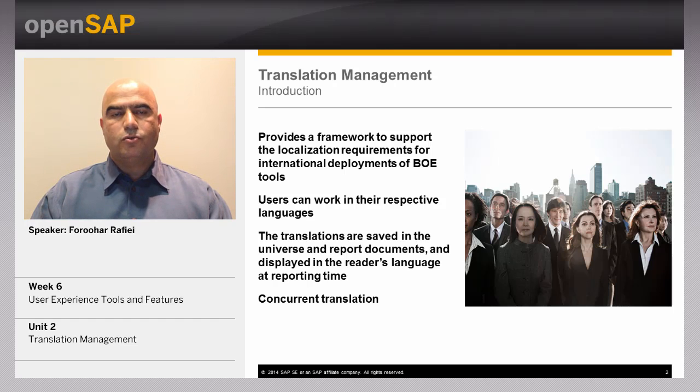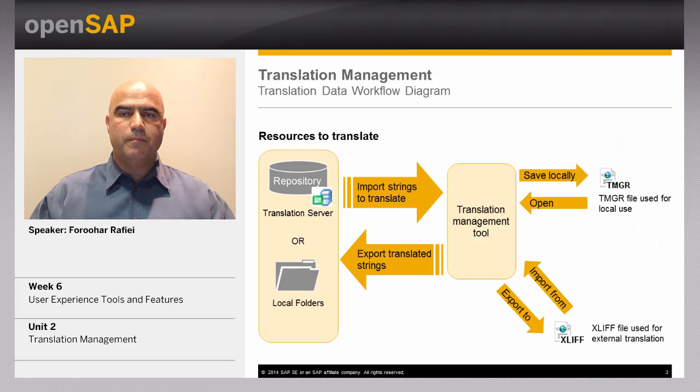Therefore, strings to translate can be sent to different translators who can translate them in parallel. And when translators export back their translations to the original resource, their export does not overwrite translations from other translators. They can do their work in parallel and save a lot of time.